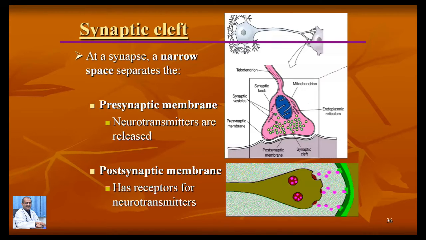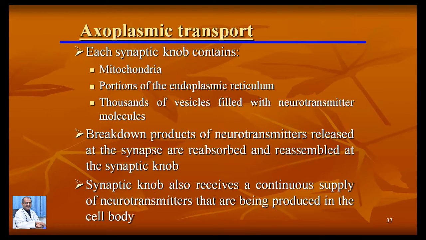So that's the structure. Here you can see the extracellular fluid and the axon, whereas exocytosis of the neurotransmitter occurs whenever it is required. Each synaptic knob contains mitochondria and all the required organelles of the cell, and breakdown products of the neurotransmitters released at the synapse are reabsorbed and reassembled at the synaptic knob.